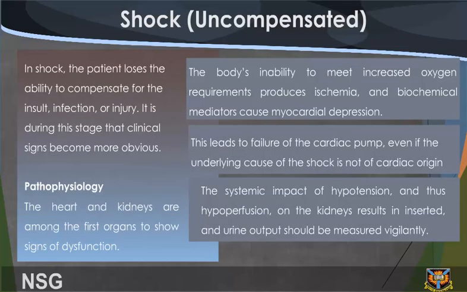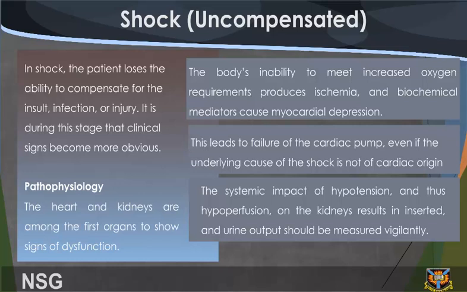Shock, uncompensated. In shock, the patient loses the ability to compensate for the insult, infection, or injury. It is during this stage that clinical signs become more obvious. Pathophysiology. The heart and kidneys are among the first organs to show signs of dysfunction.